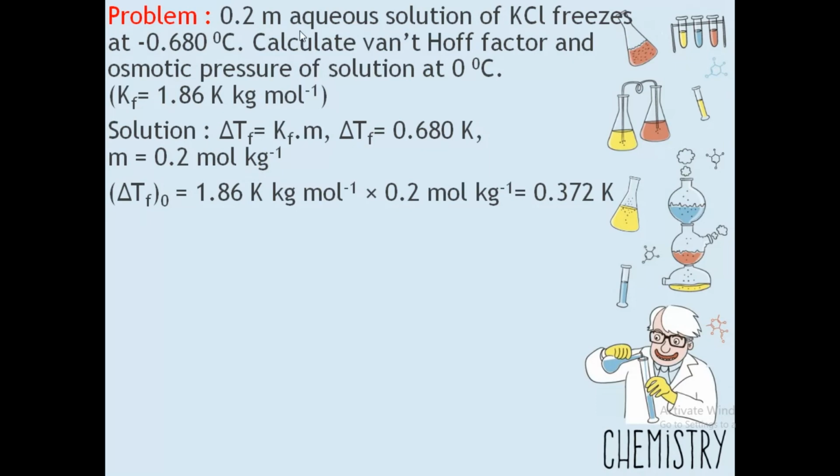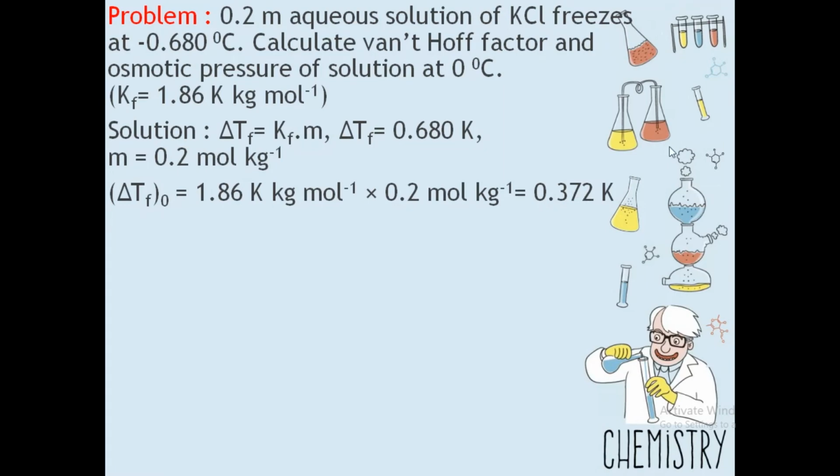This is the observed value. Now the theoretical value will be Kf into m, so 1.86 Kelvin kg per mole into 0.2, and we get 0.372 Kelvin.